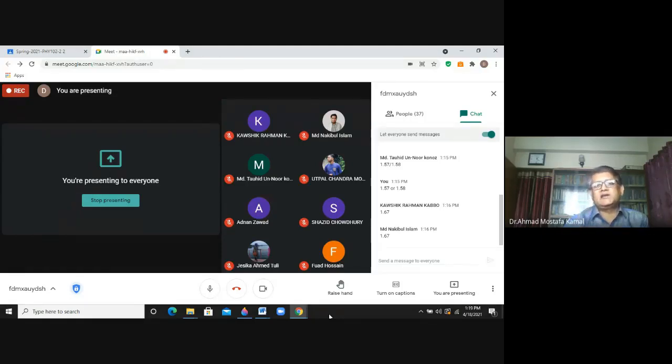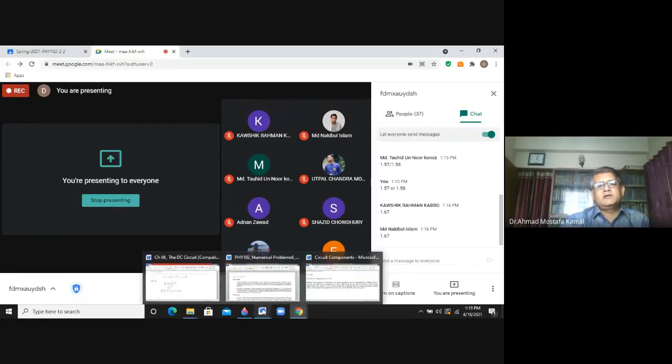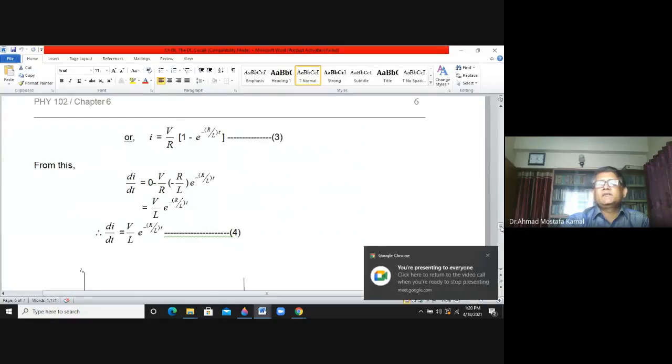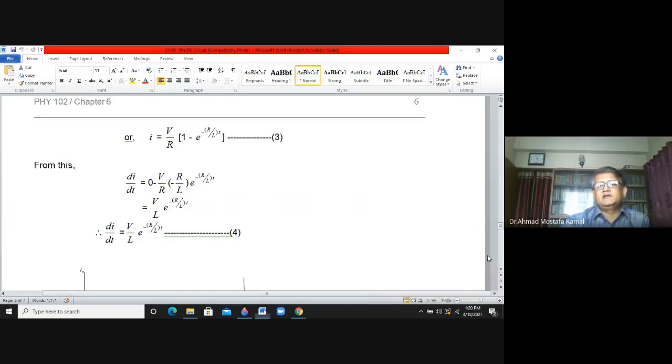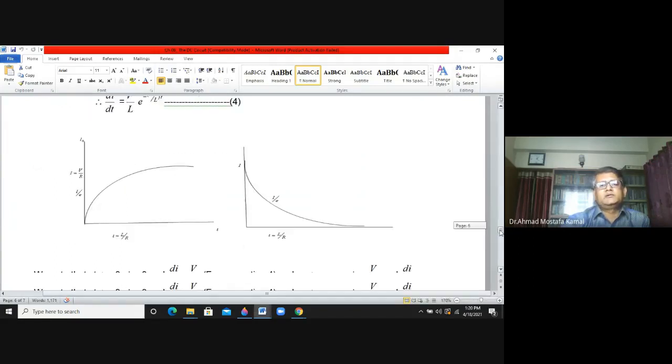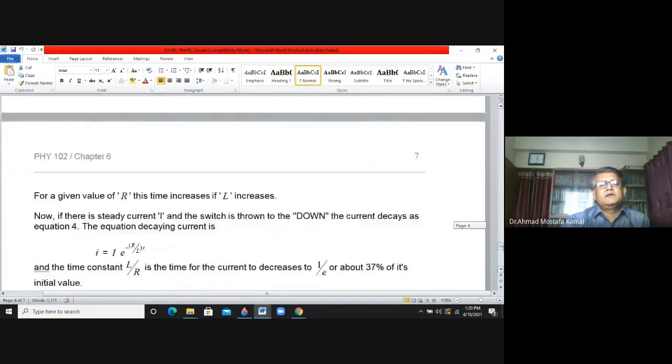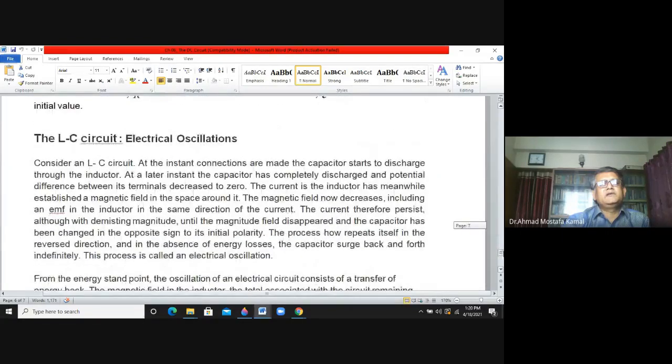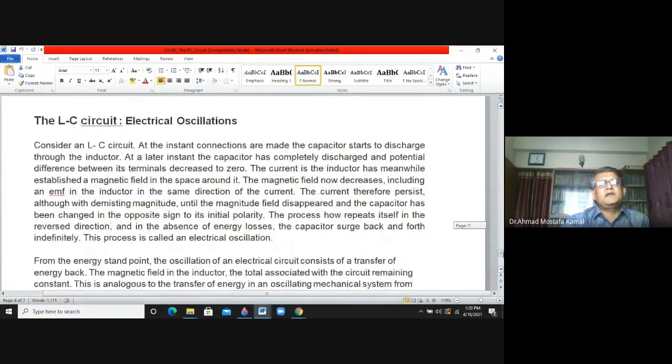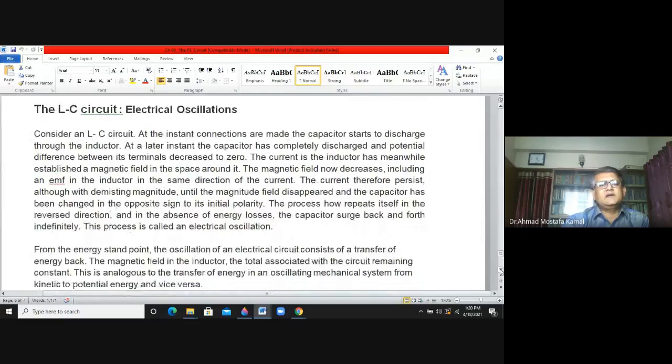I have shown both in detail, but what happens in an AC circuit? Let me show you that from your lecture sheet. Electrical oscillation is produced, like in a fan or electric motor; in this kind of equipment we use this AC circuit. What happens is discussed here in a shortcut way.